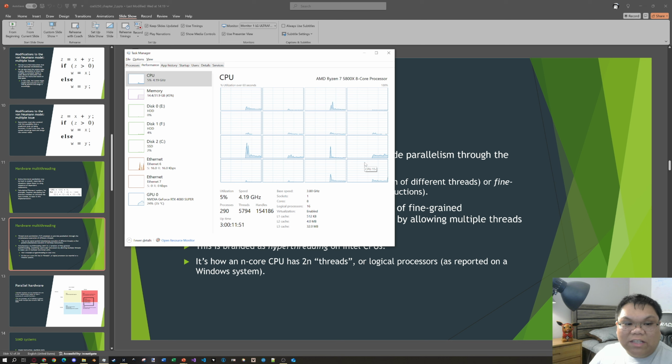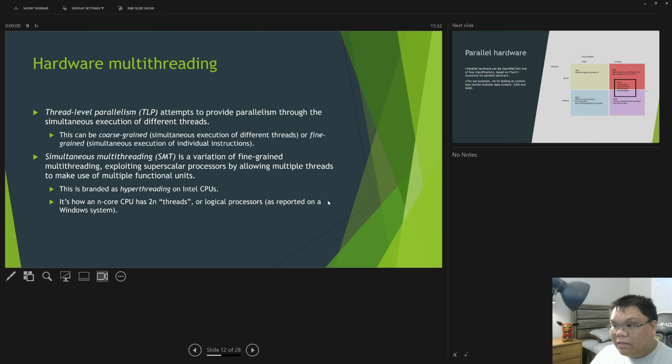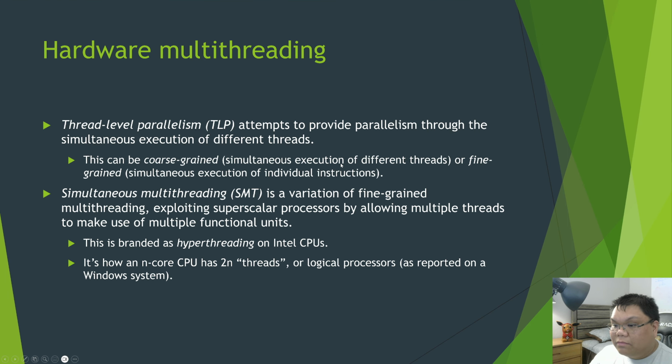So it's kind of like there are 16 CPUs here, or logical processors as Windows likes to call them. So this is simultaneous multithreading. This is how we can get more performance out of a single CPU core. And on Intel CPUs, this is called hyper-threading.